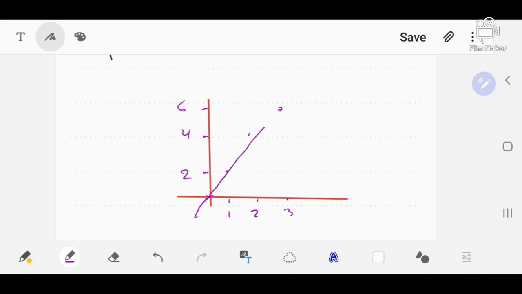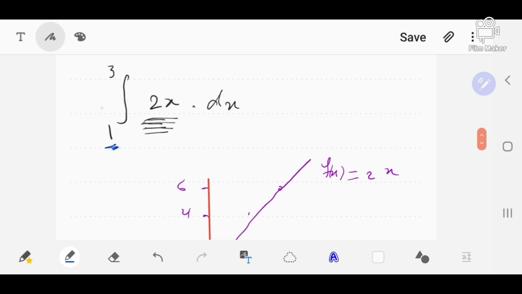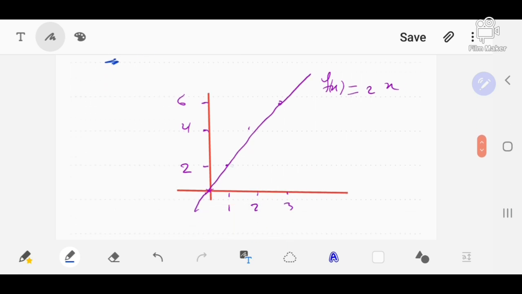Now, what was the question? The question was the integration from 1 to 3 of 2x, which means the area under 2x between these two columns, 1 and 3. So I'm talking about the area here. How are we going to find this area using our area rules?